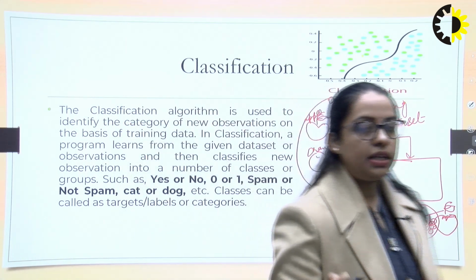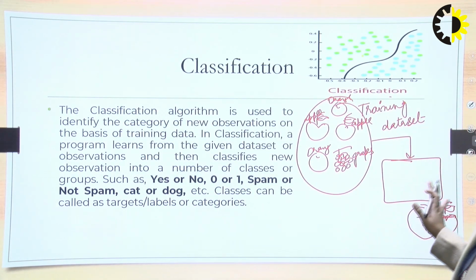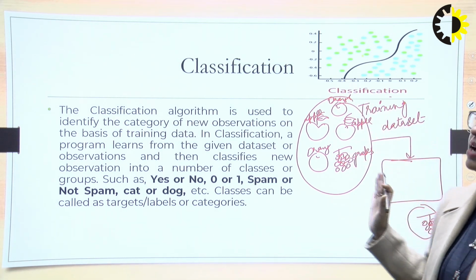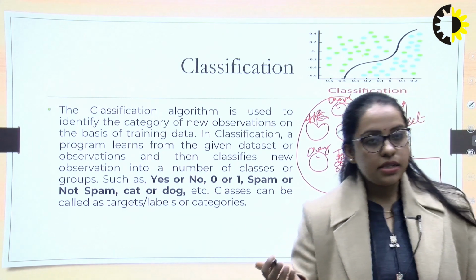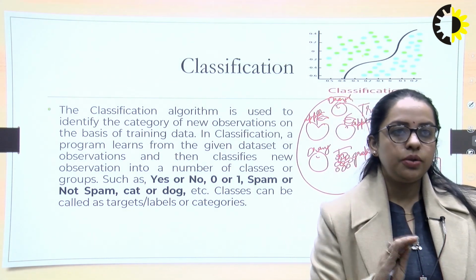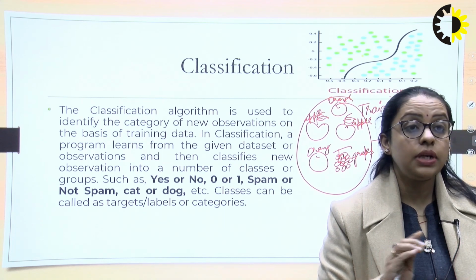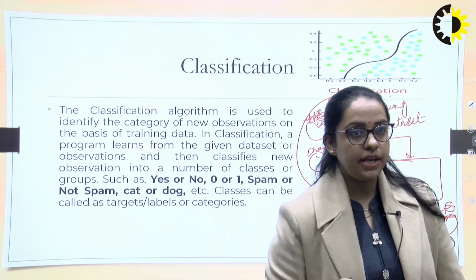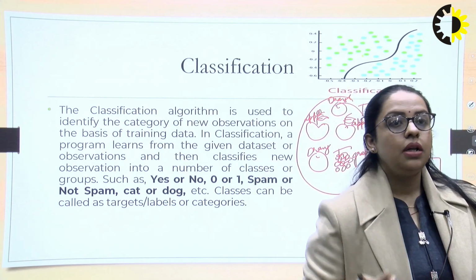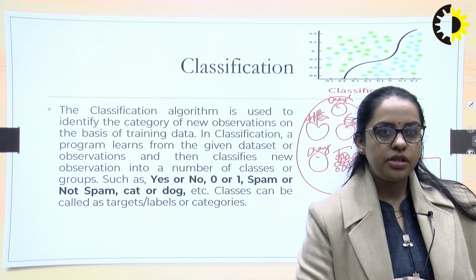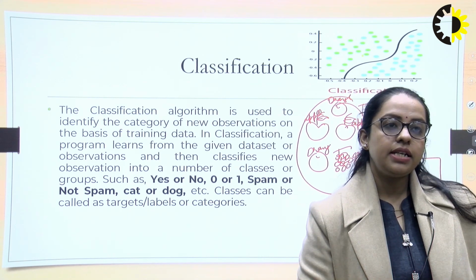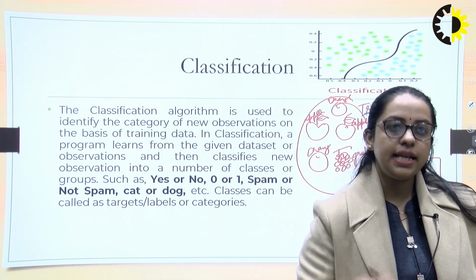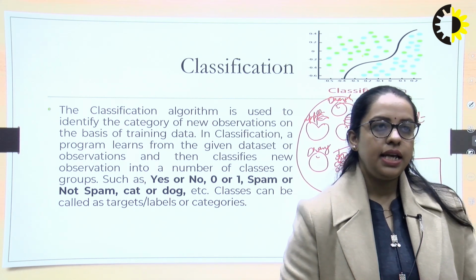Yes, this is classification. We have labeled this training data set, and we ask our model to classify all these objects. The simplest problem in classification that we can give to our machine is to partition or group the given data set on the basis of the properties the training data set is inheriting.